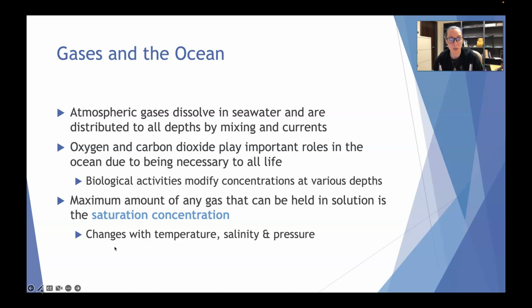Also, oxygen and carbon dioxide play very, very important roles in the ocean because it's necessary for all life, right? So these biological activities modify concentrations at various depths. So if there's a lot of CO2 uptake at the surface, by plankton or seaweeds or seagrass or whatever, there can be a lot more CO2 uptake there and maybe even oxygen release, right?